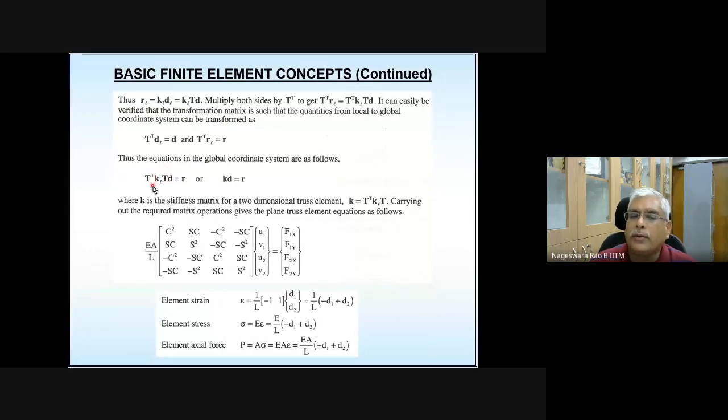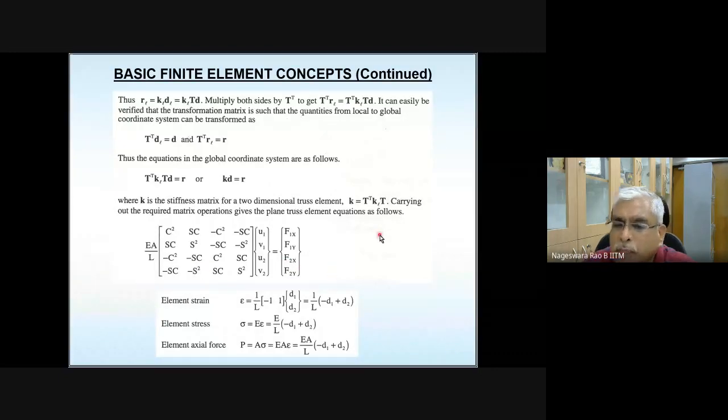So 4 by 2, 2 by 2, 2 by 4. If you multiply, you are going to get a 4 by 4 matrix. And what is D? D is U1, V1, U2, V2. What is R? F1x, F1y, F2x, F2y.